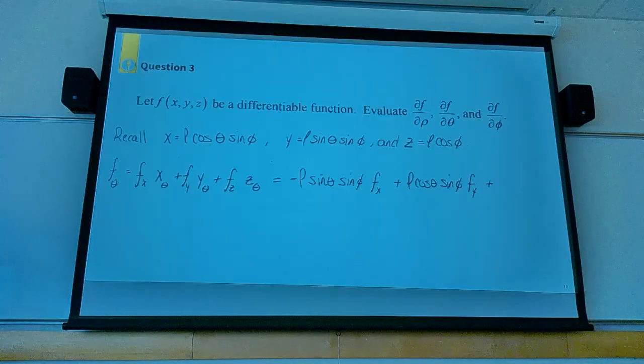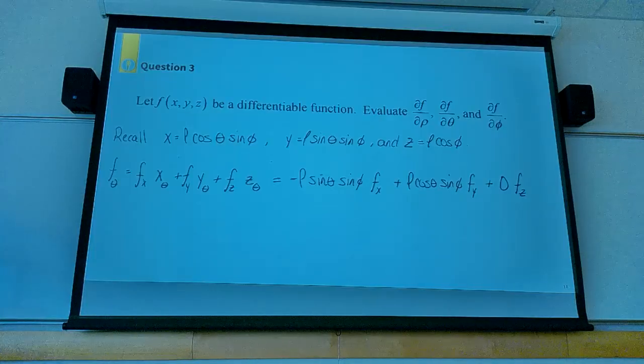That's what the cosine theta. What is it? It's just 0. Why is it 0? Because z doesn't have theta, so rho and phi are constant.